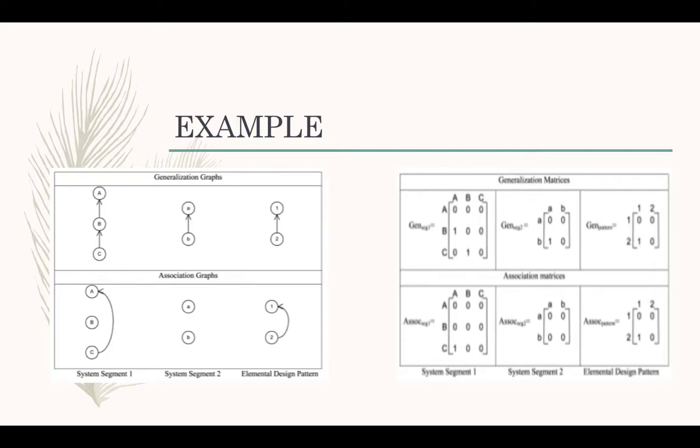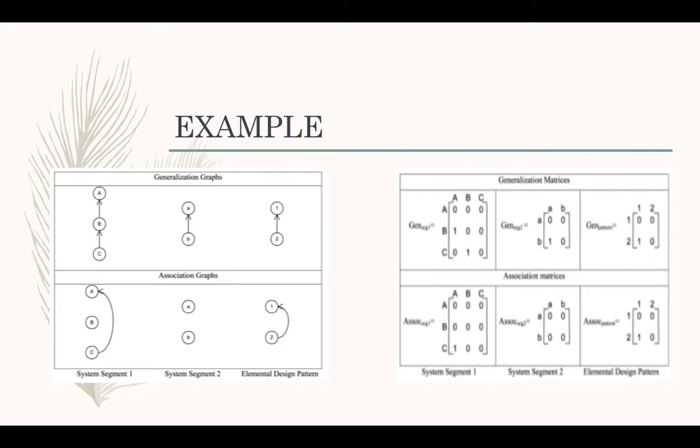In the generalization graph: deletion of edges BA and CB, deletion of node B, and the addition of edge C and A. In the association graph: deletion of node B. Consequently, the simple generalization relationship between two classes will be considered as a strong candidate for the pattern, while the modified version of segment 1 will be considered a rather weak candidate. On the other hand, the similarity algorithm produces more accurate results for the same example.